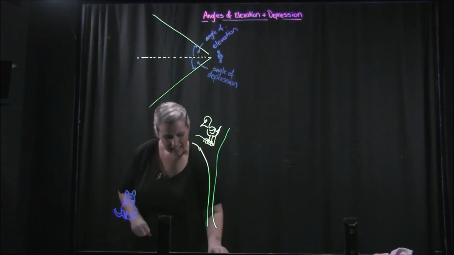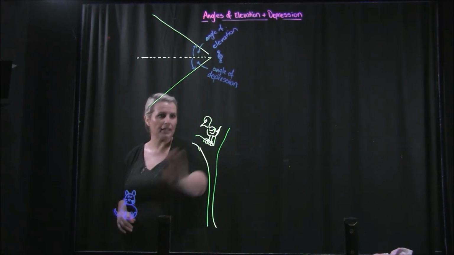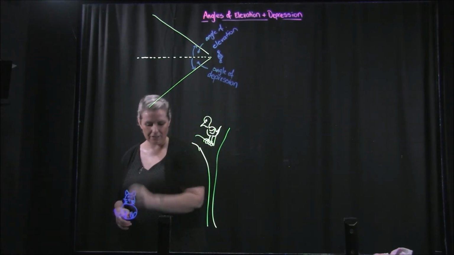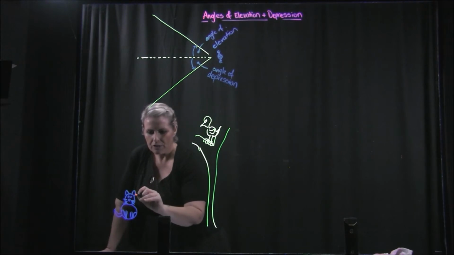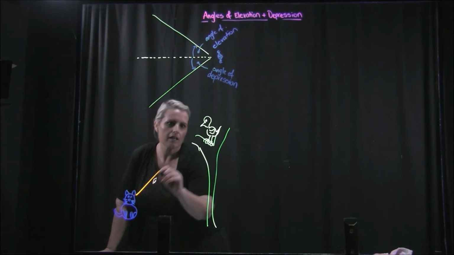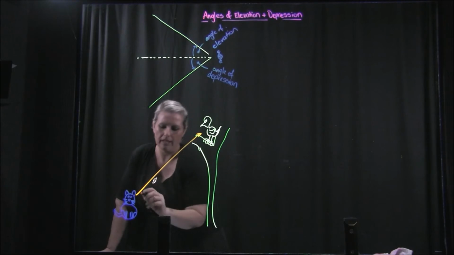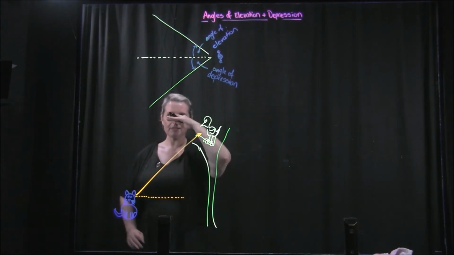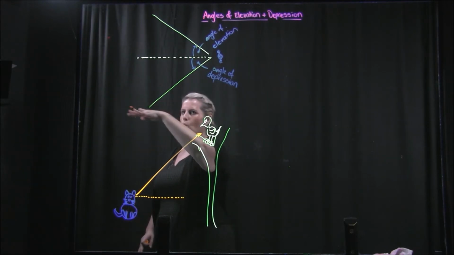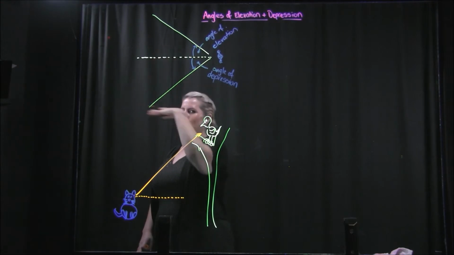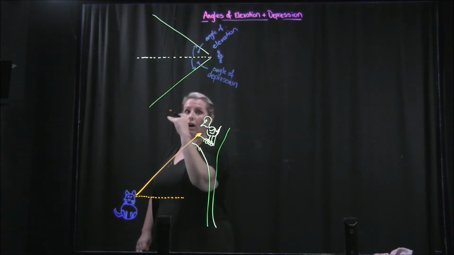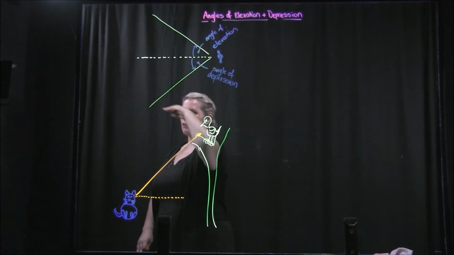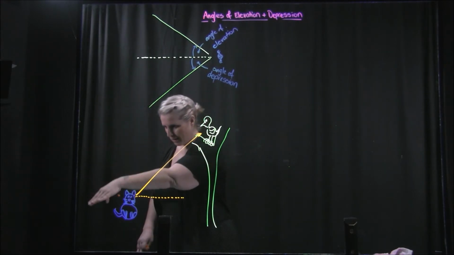Okay, now, if my cat was looking up at the bird and my bird was looking down at the cat. So basically, this is where my cat is looking. And this is his eye level. So it's always measured from horizontal eye level, and then I look up. Or I'm looking horizontal eye level and then I measure down.